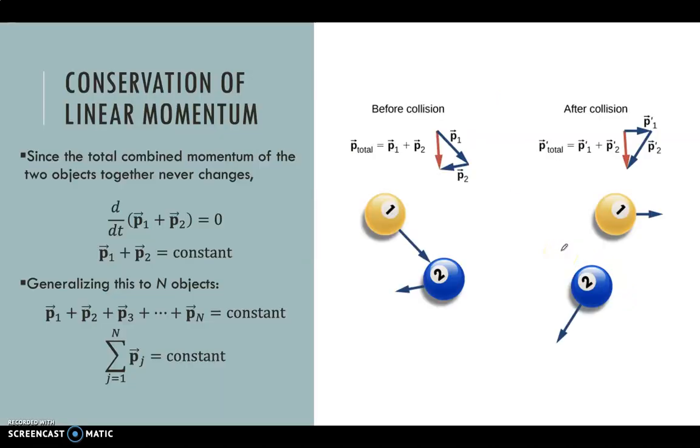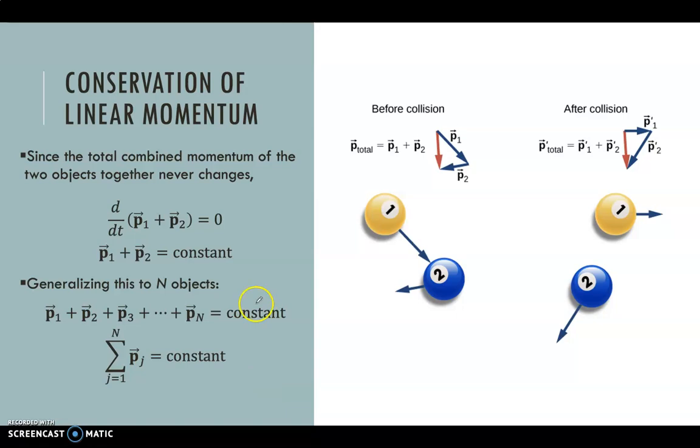Since the total combined momentum of two objects together never changes, we can say that that last equation can become d/dt of the first momentum plus the second momentum is equal to 0. And then if we take the integral of that, we get that these two momentums added up is equal to some constant.